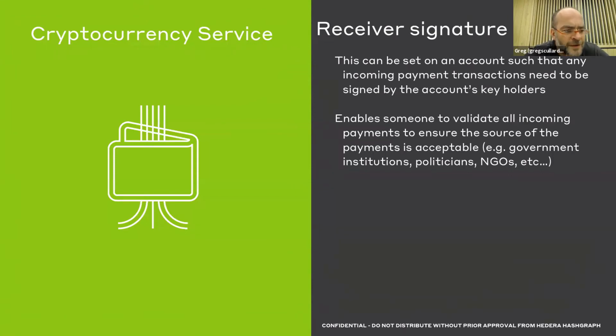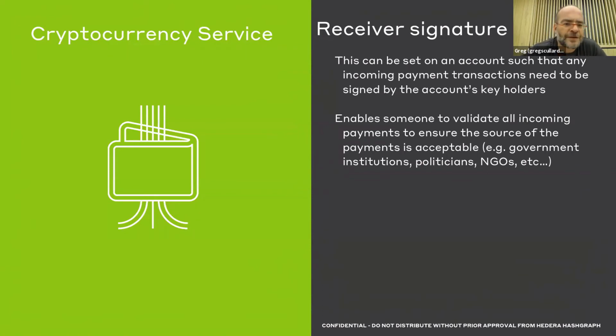So a receiver signature allows you to basically say, well, I am not accepting any payments into my account unless I sign them, which means you can validate incoming payments. And if you're happy that those payments are coming from a source that's acceptable to your ethical policy or otherwise, then you can sign the transaction and the payment will take place.